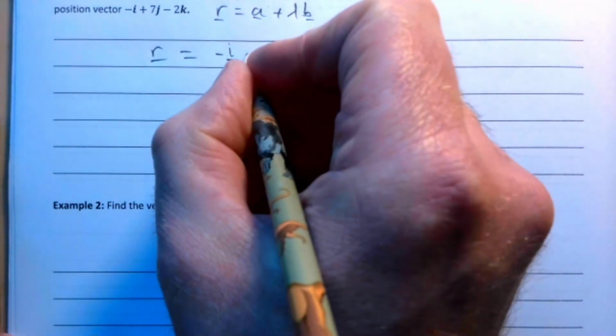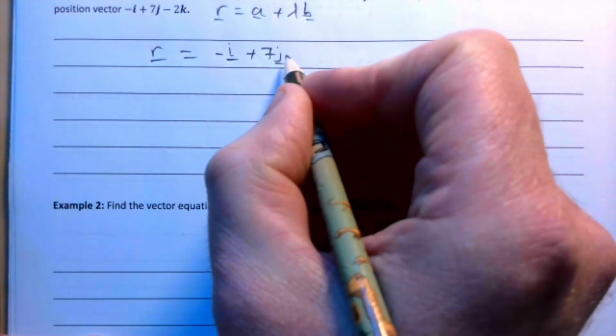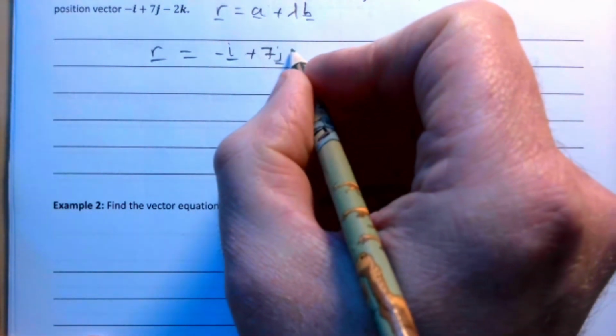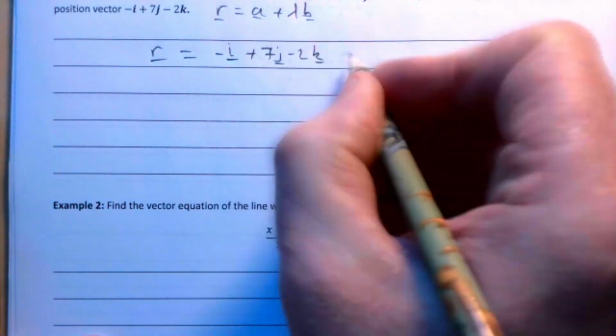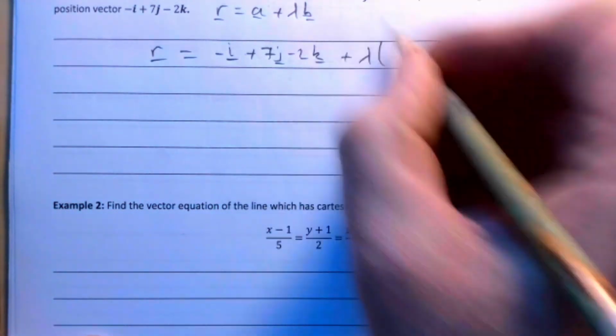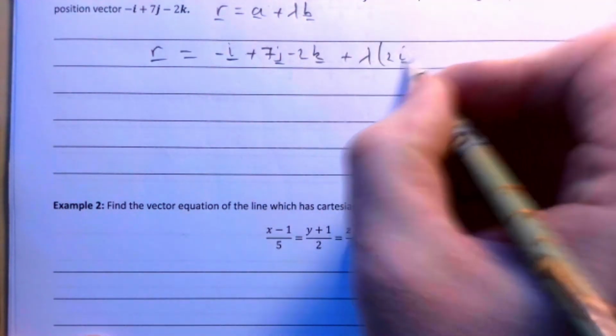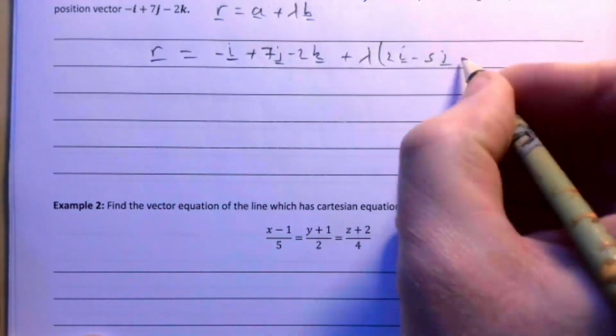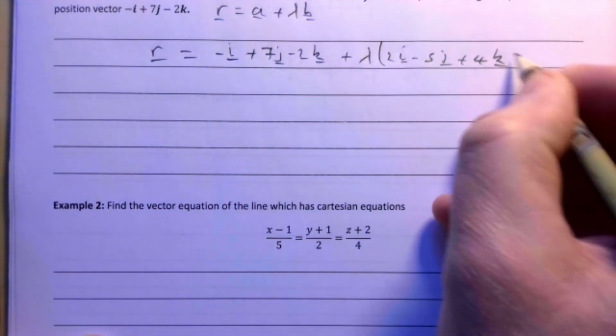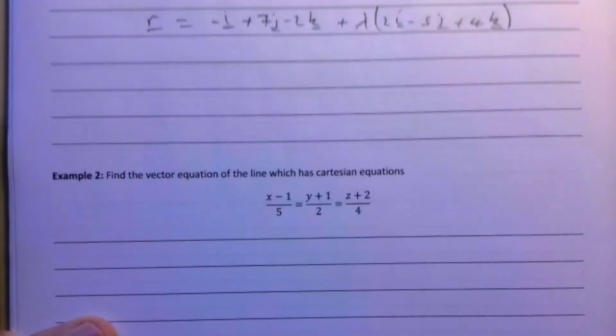It's going to be minus i plus 7j minus 2k plus lambda times the b, which is 2i minus 5j plus 4k.